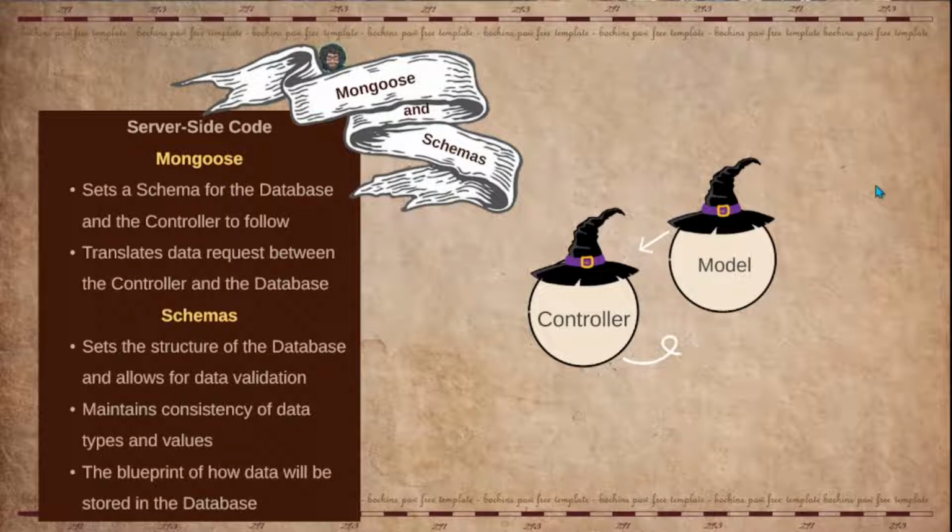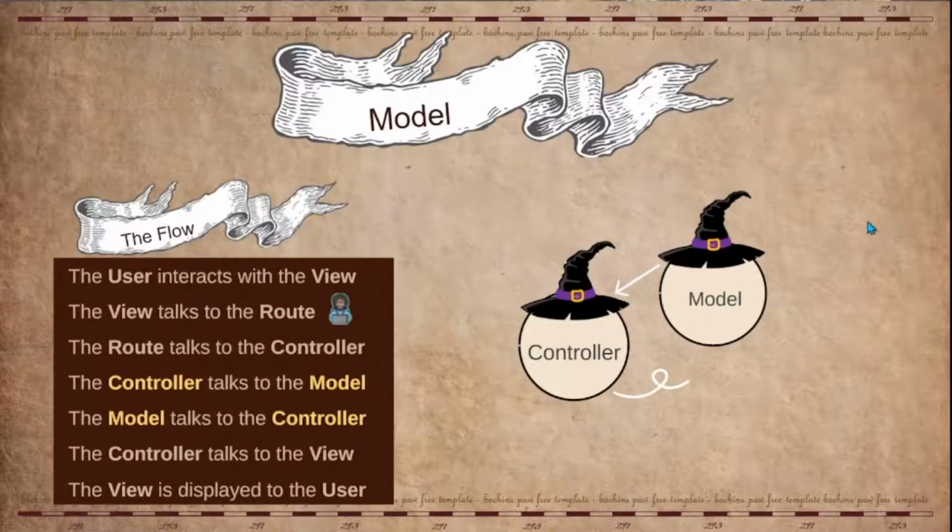The schemas are the blueprint of the database. It structures the format of how the controller requests data and how the model returns that data. And so it flows.